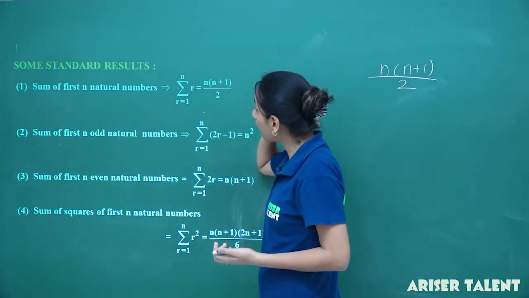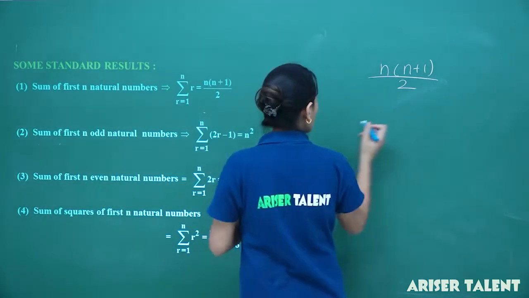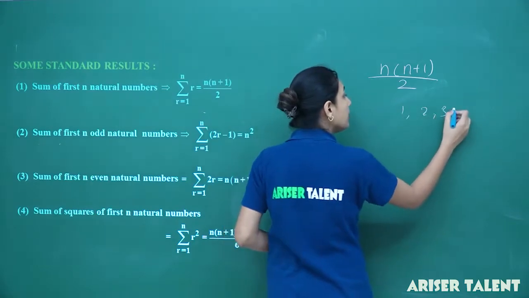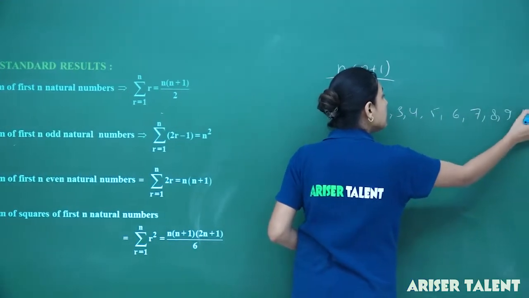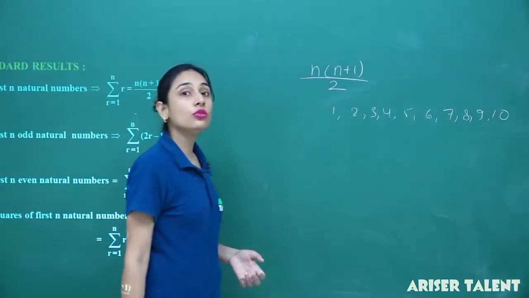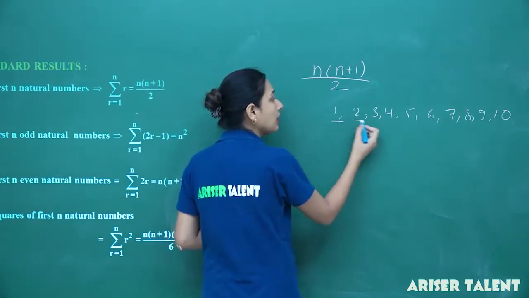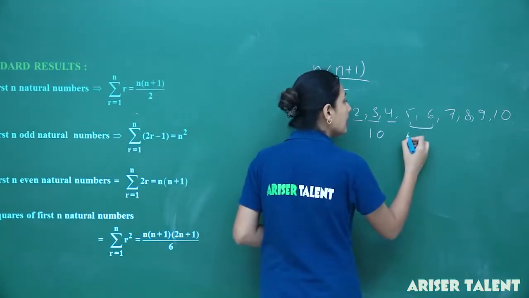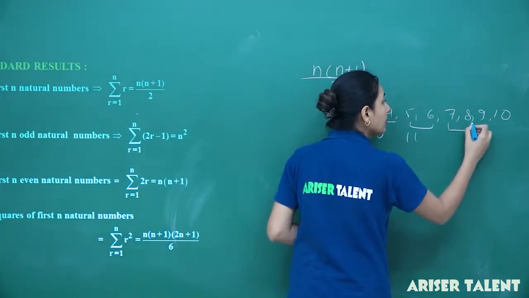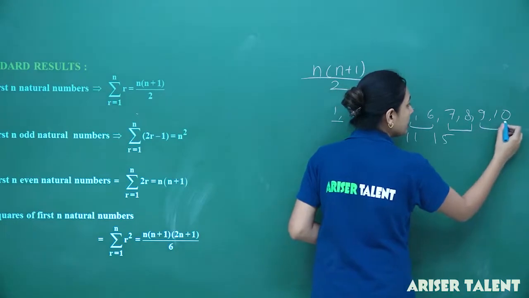If you have to calculate the sum of 1, 2, 3, 4, 5, 6, 7, 8, 9, 10, up to 10, what will you do? 2 plus 1 is 3, 3 plus 3 is 6, 6 plus 4 is 10, then this is 11, then this is 15, and this is 19.